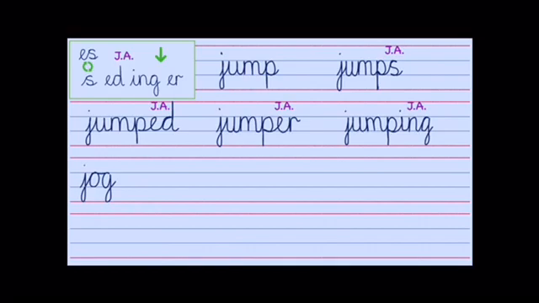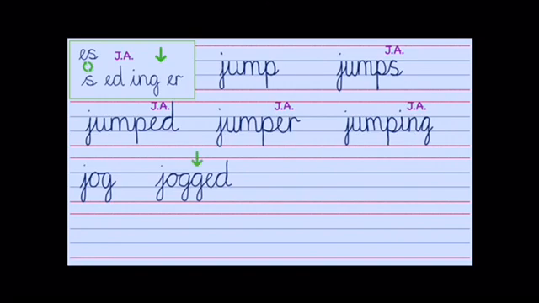Let's first of all write the word jogged. He jogged in the park. We have our starter word, and we double it so that the sound we can hear in jog stays.